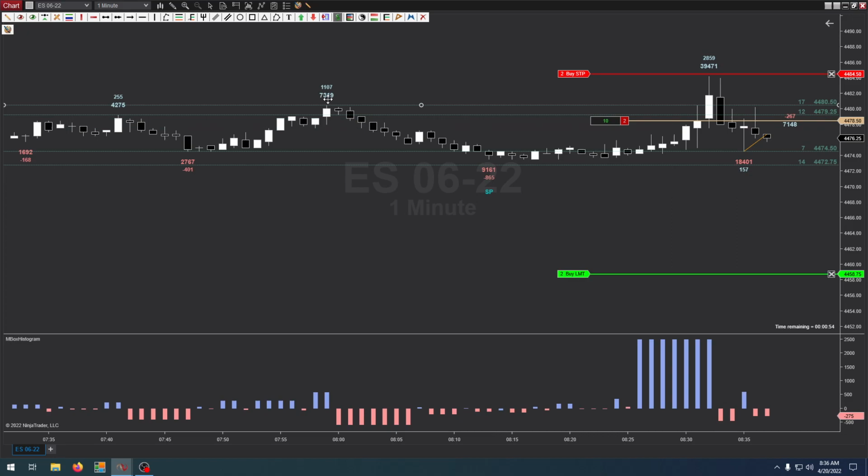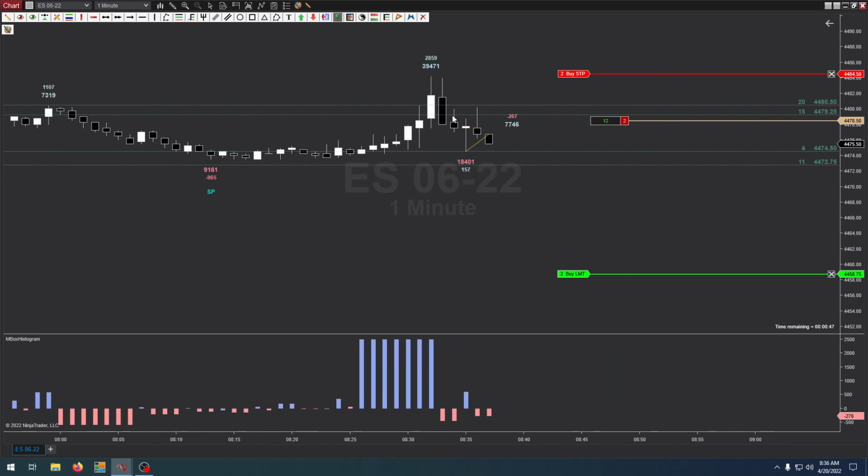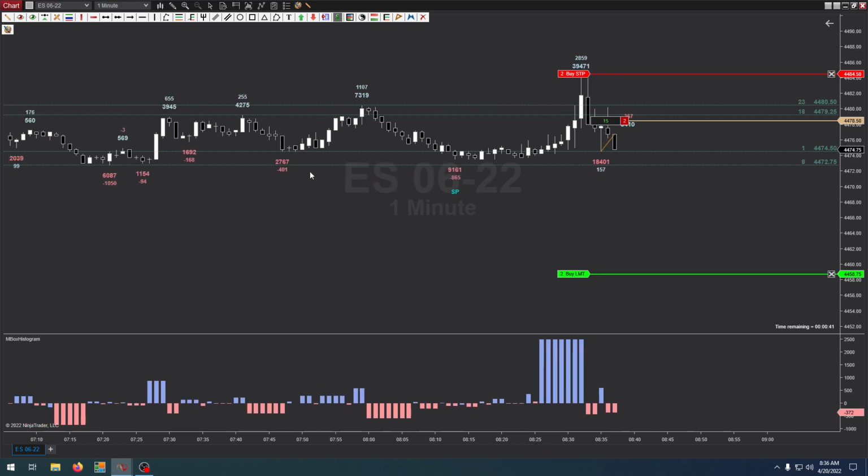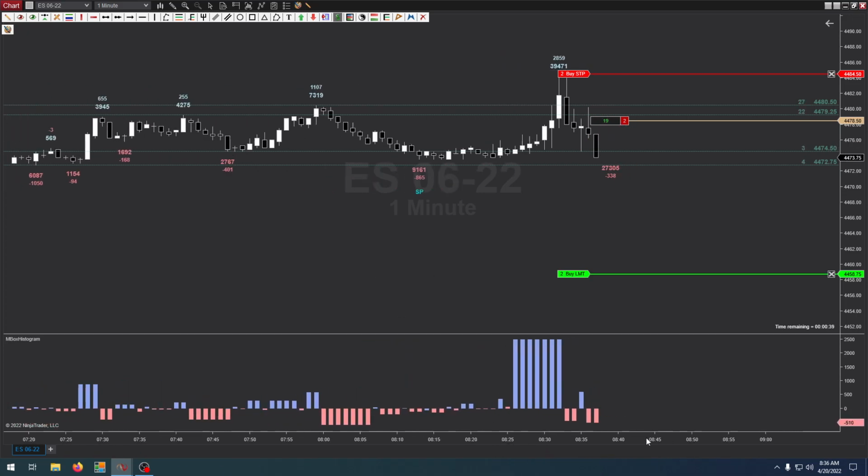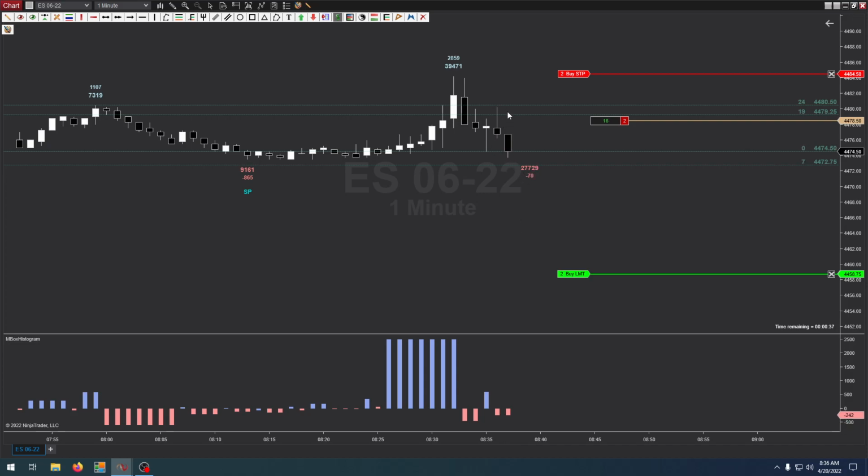One should be up there. So we came down, closed back below that, retested it, came down here, tested this level that I already had, which is from the left, right here. Came back up, retested these levels again, and rolled back over.